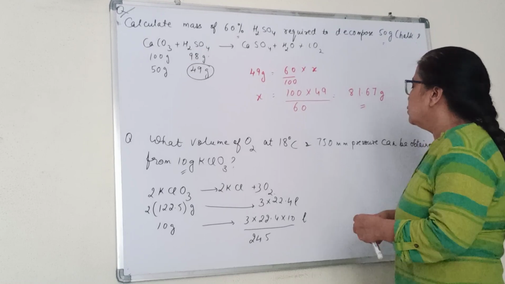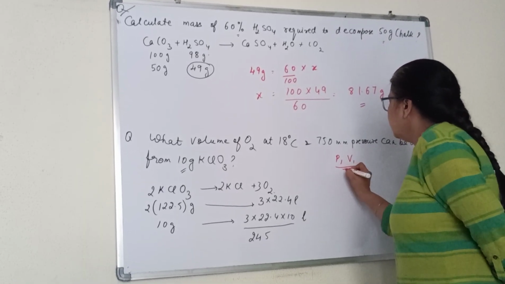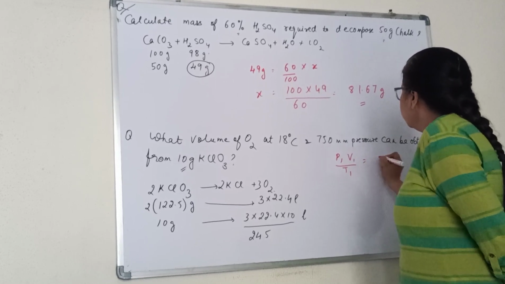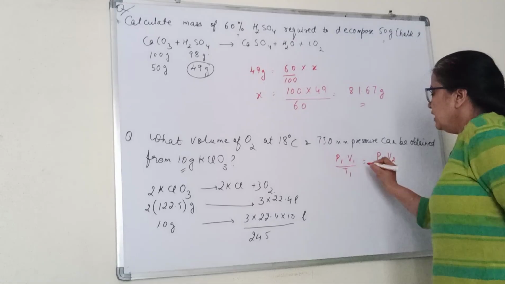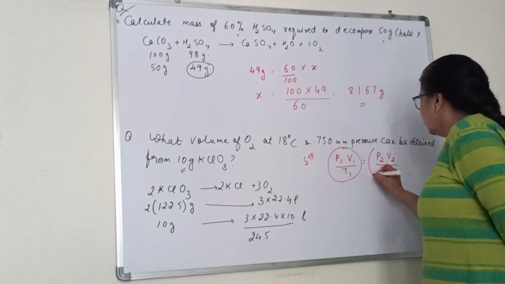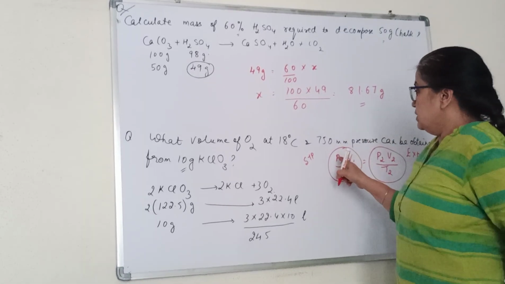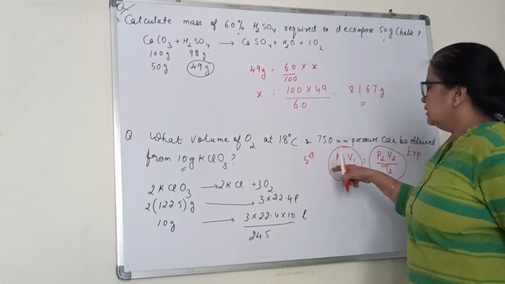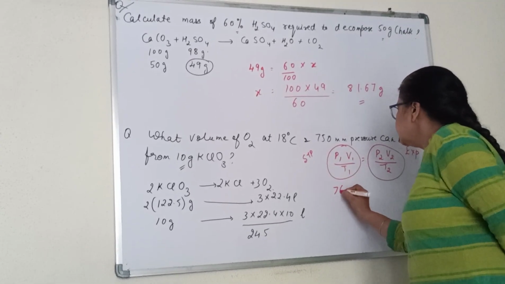We have to make use of another equation, that is P1V1 by T1 is equal to P2V2 by T2. Let one be at STP condition and the other at experimental condition. This is given in millimeter, so the STP pressure we will also take in millimeter, that is 760 millimeter.